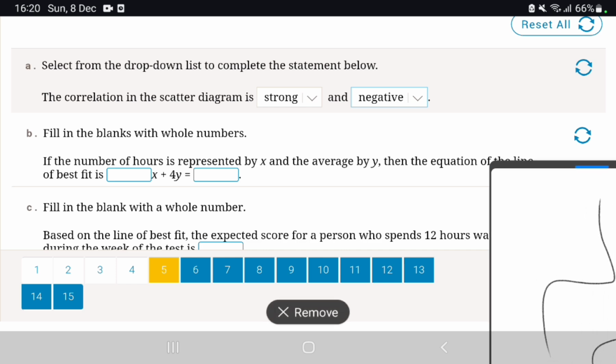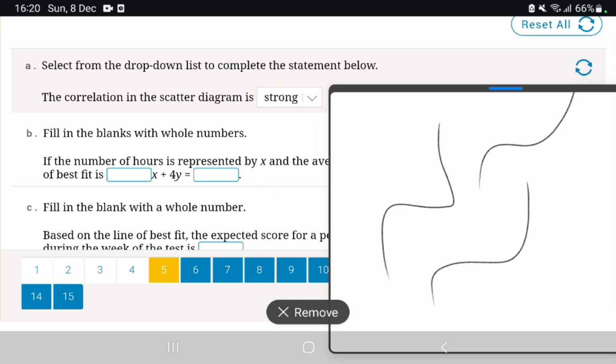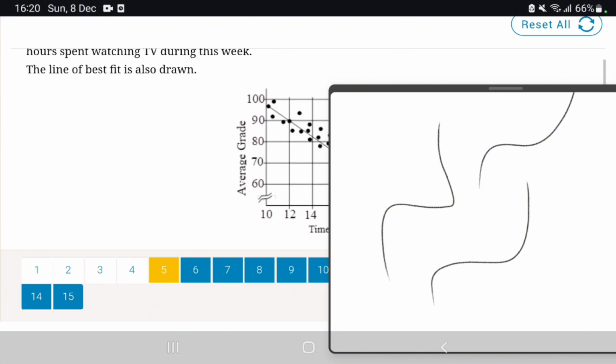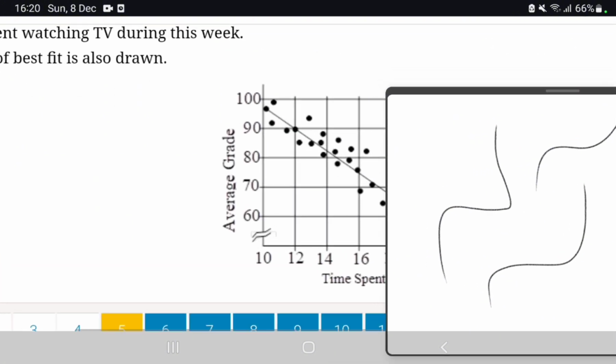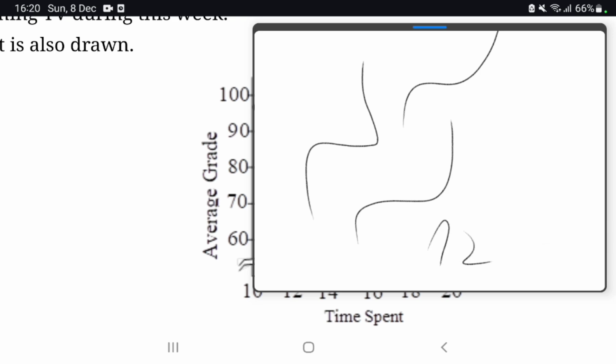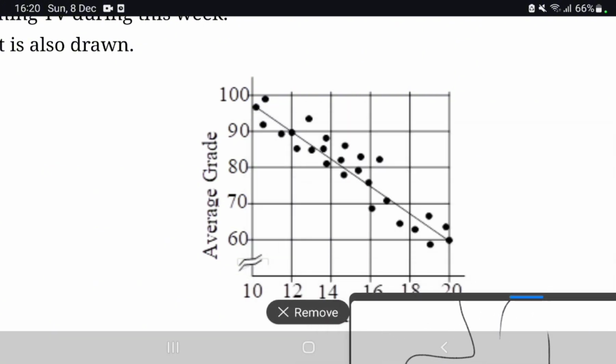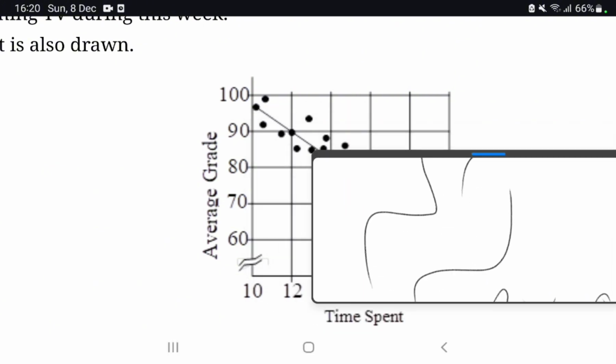Now to find part B, we do the slope equation. So first of all, let's take any point, which we will take here to be 1290, 2060.